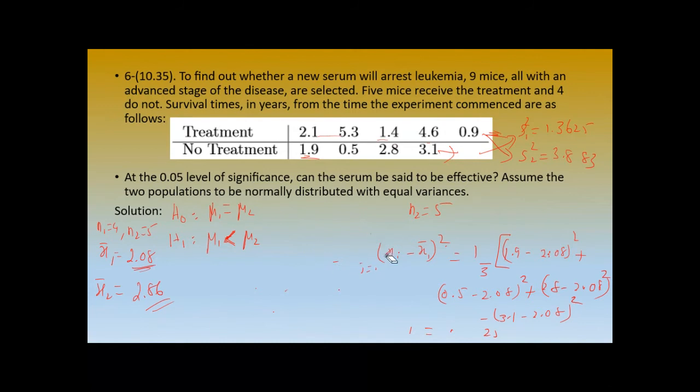Now we are done with the variances. Next we are finding SP, the pooled estimate of the standard deviation.